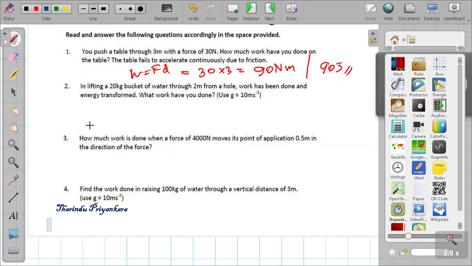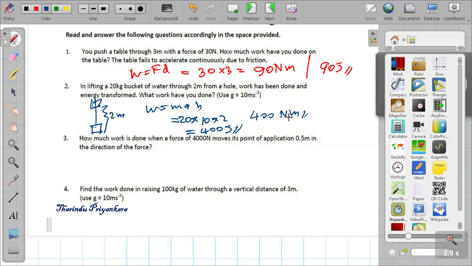Firstly, you have to find the amount of energy transferred after lifting the water bucket 2 meters. 20 times 10 times 2, 400 joules, or you can write 400 Newton meter, whatever the unit, it doesn't matter.